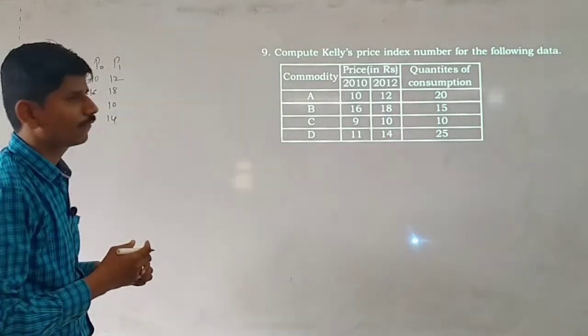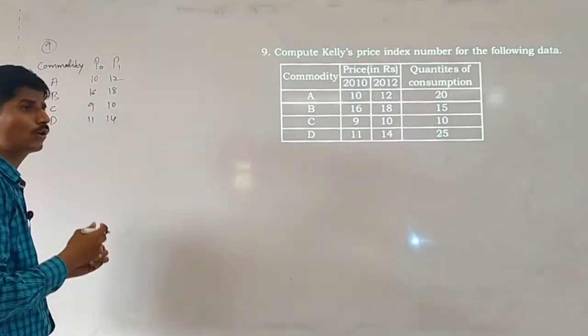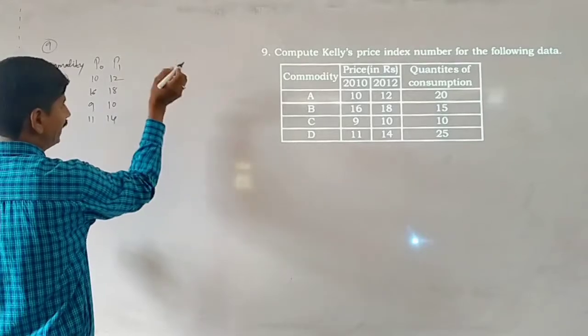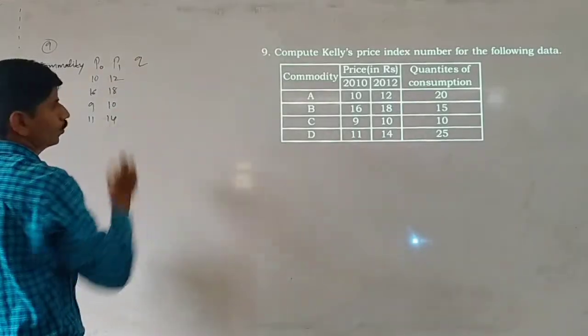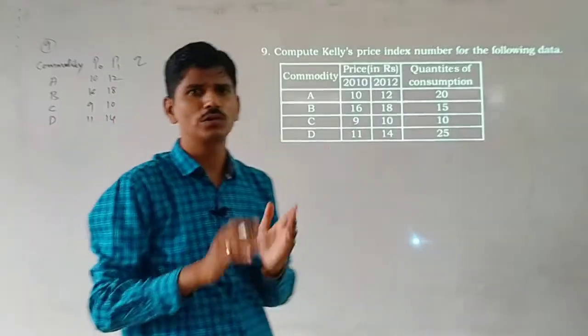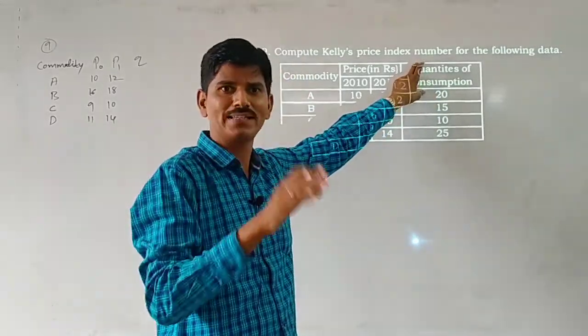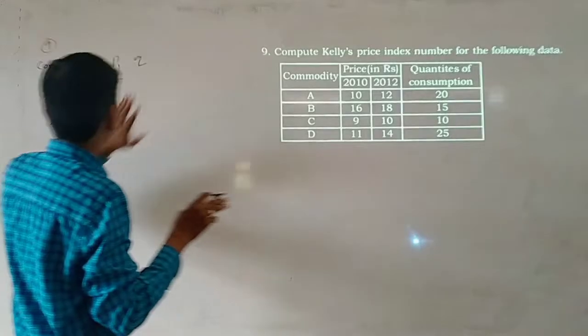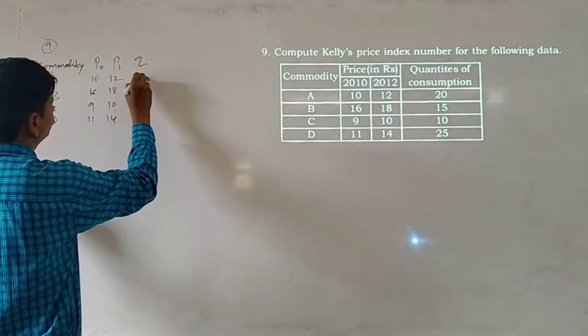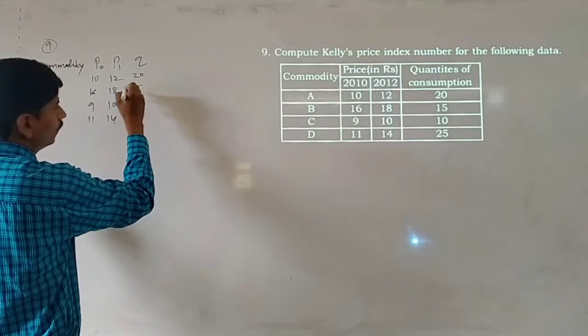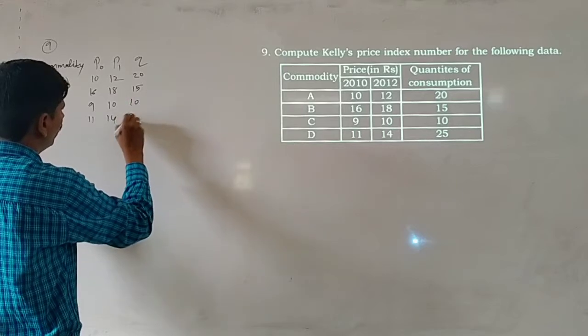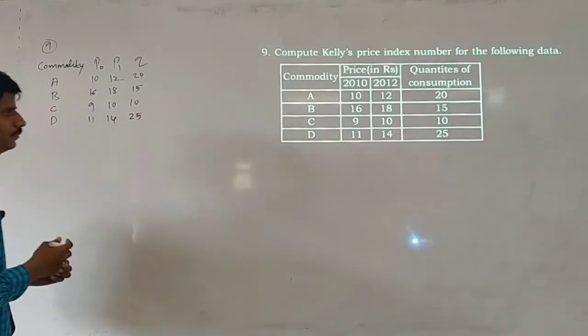Here there are only quantities, not base and current year, because we have to take only Q. Kelly's price index number deals with only quantities. The quantities are 20, 15, 10 and 25.